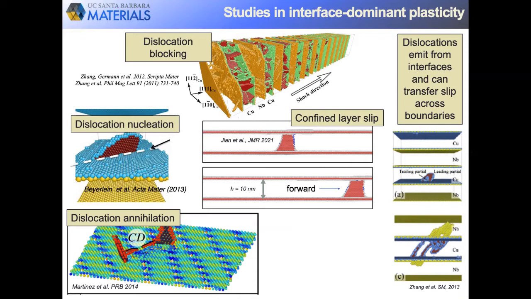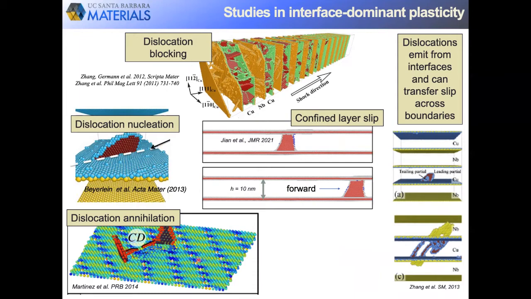Since these nanolayer thicknesses are on the order of maybe 1 order of magnitude higher than the dislocation size or width themselves, which is usually 1 nanometer, now the interface dominates over the motion of that dislocation. In fact, the entire life of the dislocation: when and where it will be born, when and where it glides, and how it ultimately terminates.